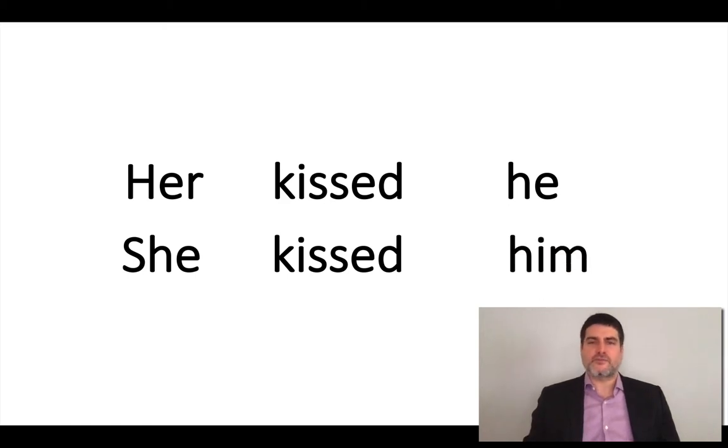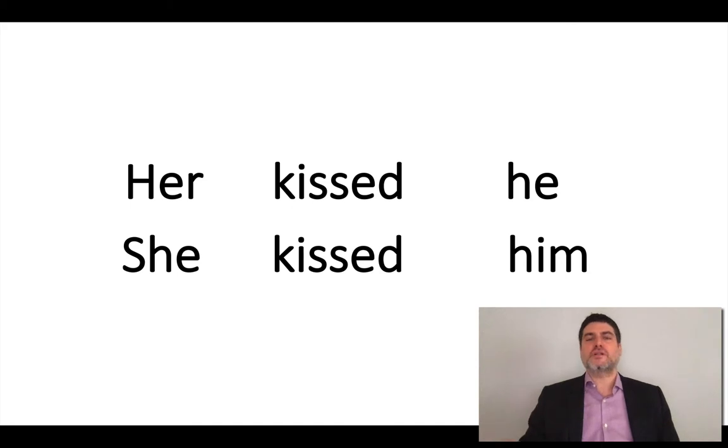Now, what's the difference between these two? Why is the first one so wrong and the second one is a perfectly correct sentence in English? So the reason is the case that it's in. So if something's acting as the subject, the doer of the action, it has to be in the nominative case. So in English, the nominative case referring to the woman is she.